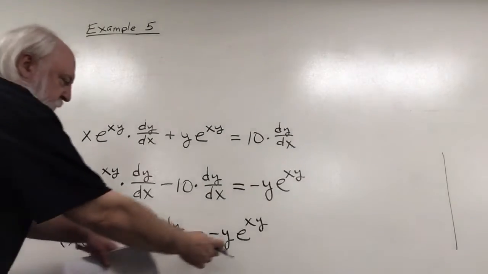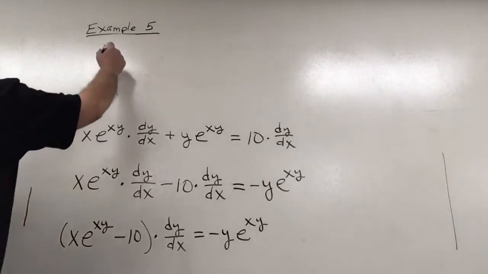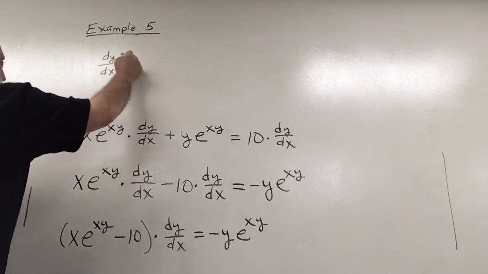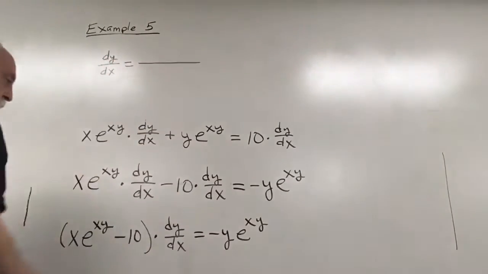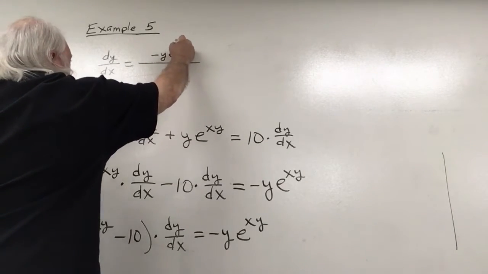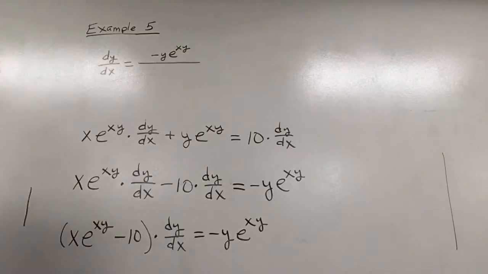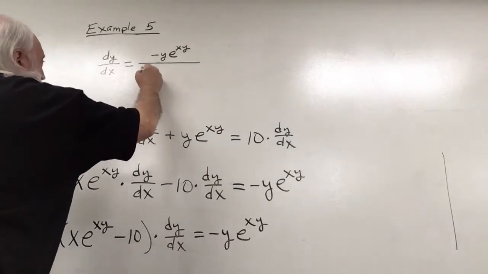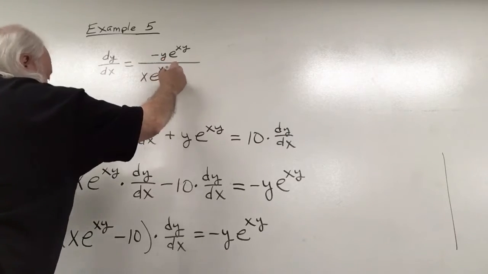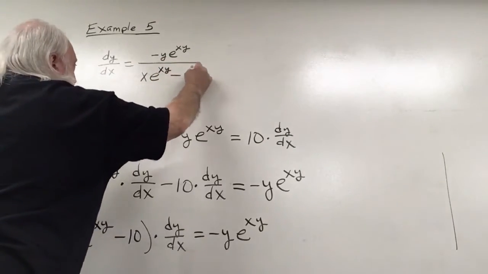When I divide both sides by what's in parentheses here, I have dy over dx is equal to minus y times e to the xy power over x times e to the xy power minus 10.